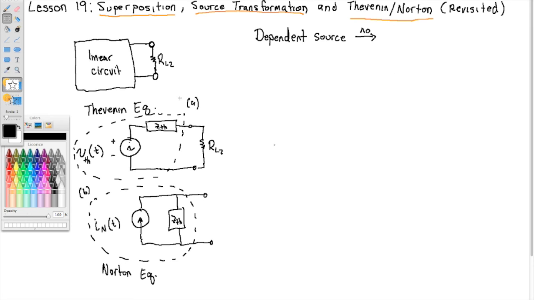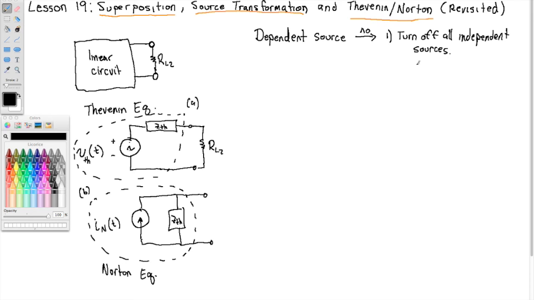All right, well, if the answer to that question was no, we had a couple steps, and the first thing we were going to do was turn off all independent sources. And then find the equivalent resistance, and now it's going to be the equivalent impedance.